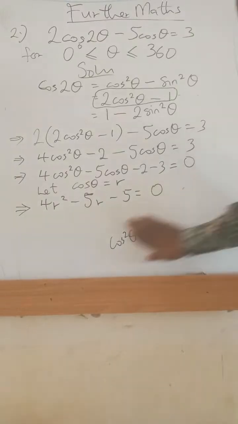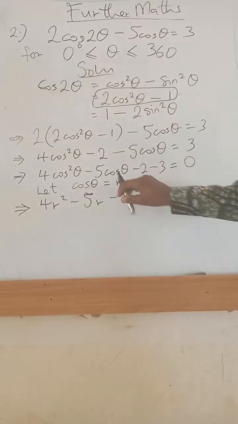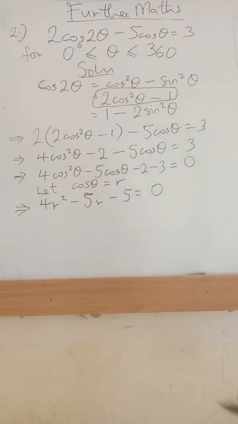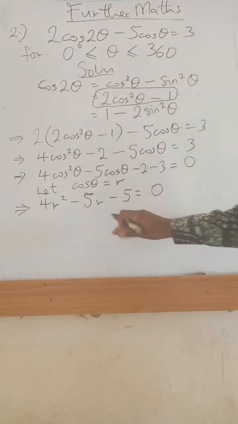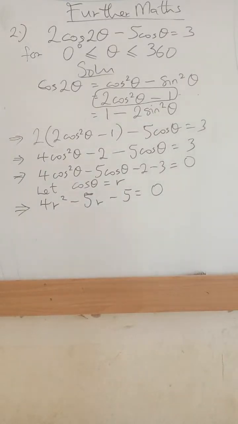Now, I'm sorry, not simultaneous, quadratic. We use one of the quadratic methods used in solving quadratic equations to solve this. Permit me to use the completing the square method.